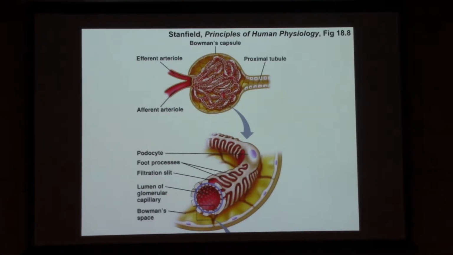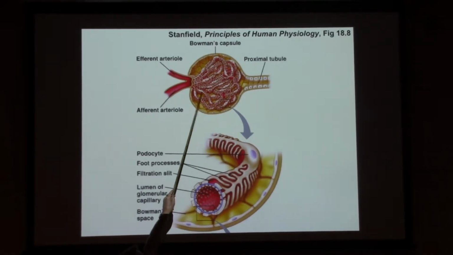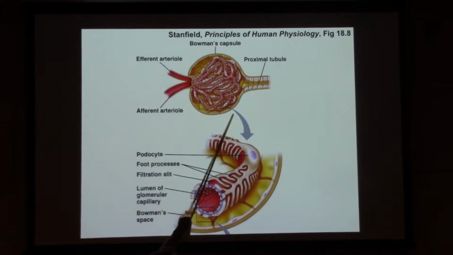But there's a space in there, a lumen to the tubule inside there that's continuous with the proximal convoluted tubule. So this capsule really needs two layers. There's an outer layer, and then there's also the inner layer that comes in contact with each of those capillaries making up the glomerulus. And that inner layer is what these little yellow things with the little branches represent, and that's continuous with this outer layer.